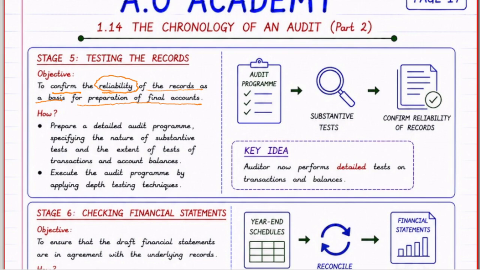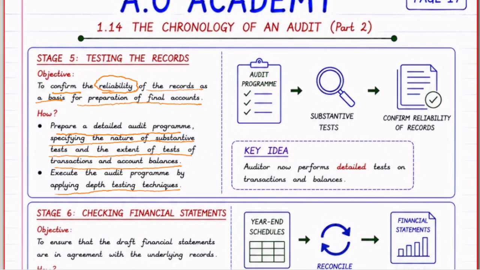So how is this achieved? You have to prepare a detailed audit program specifying the nature of substantive tests and the extent of tests of transactions and account balances. Execute the audit program by applying depth testing techniques. We are still coming to all of this in the coming chapters.